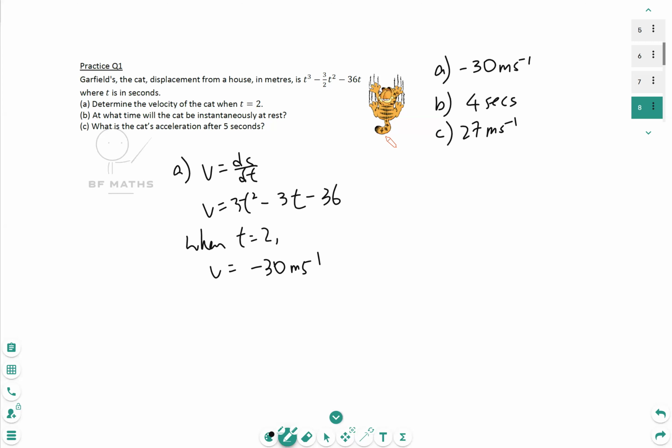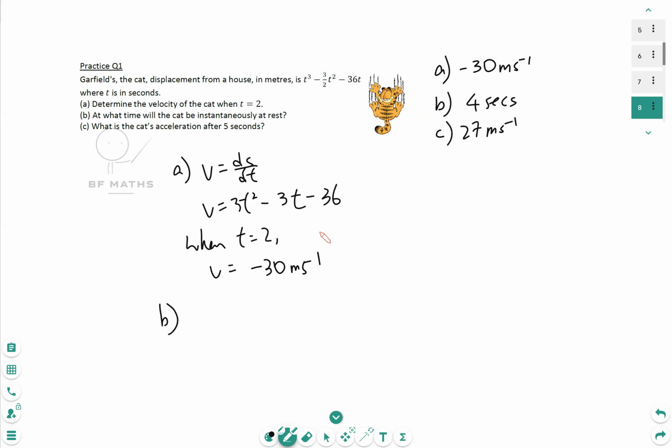It means Garfield is moving backwards, perhaps coming back home from the neighbors. Negative means coming backwards.